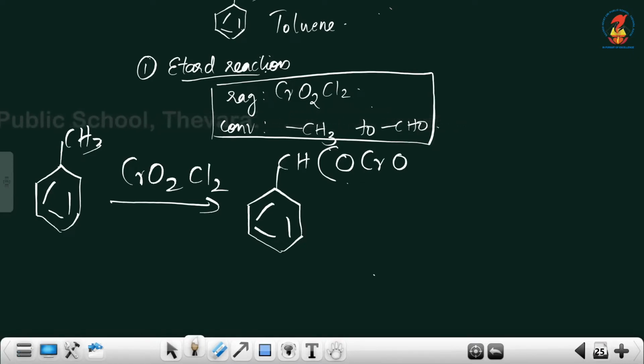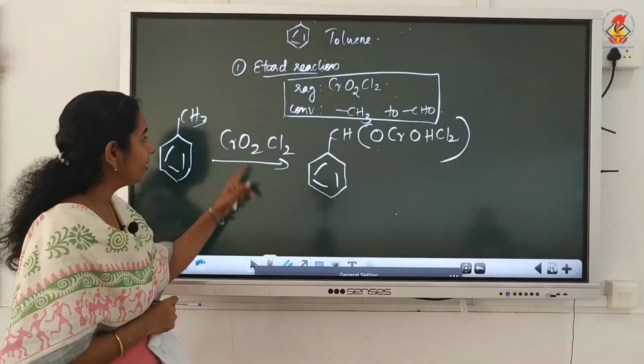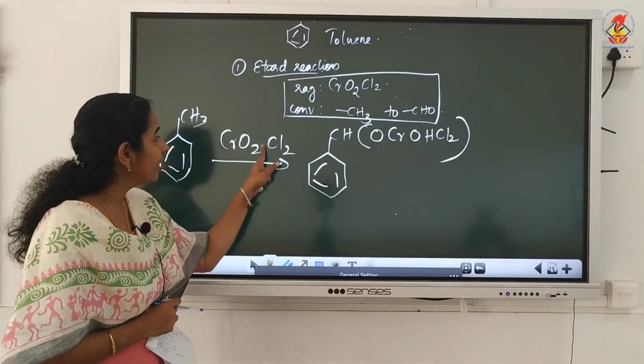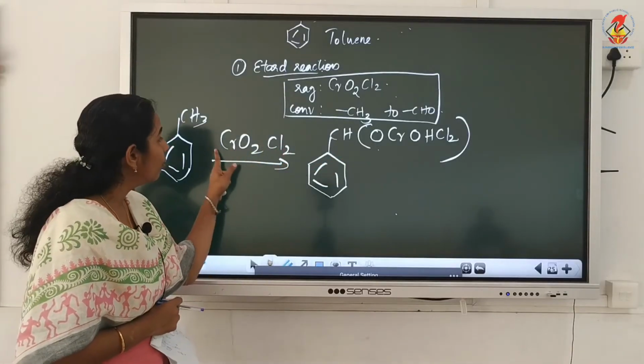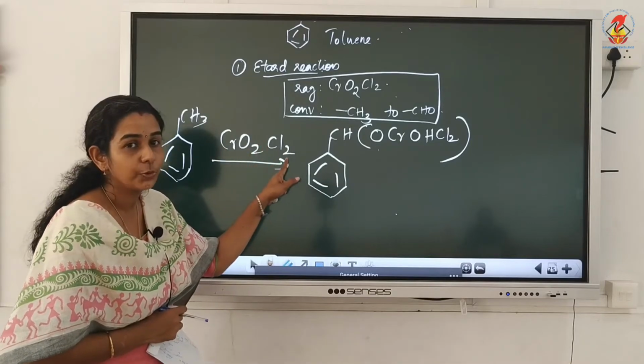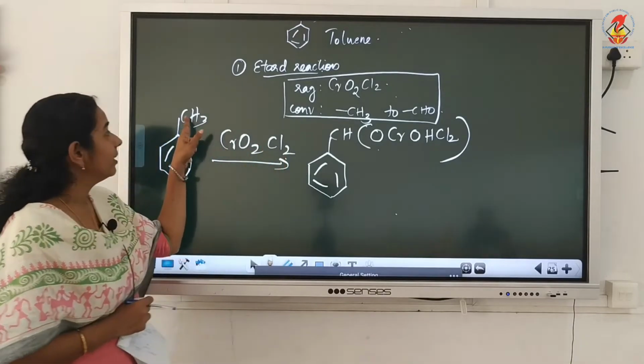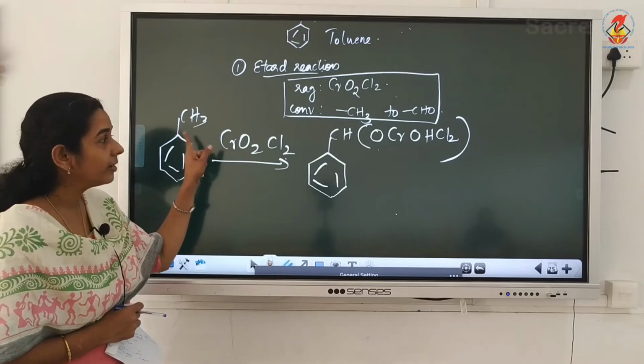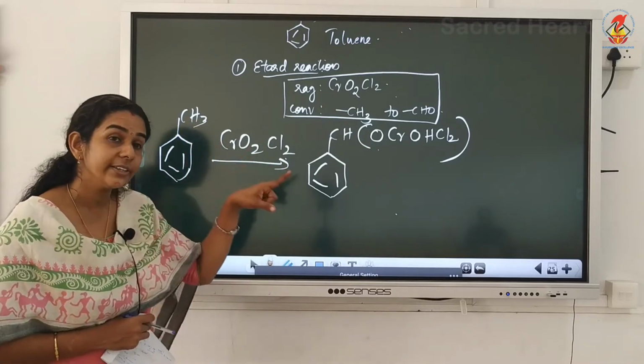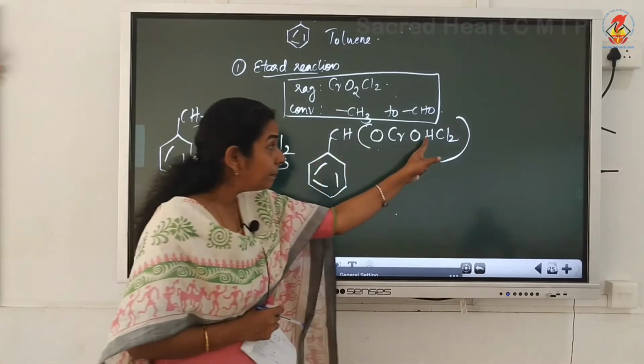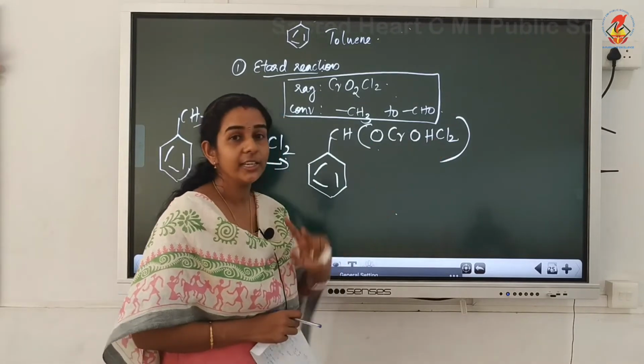Between oxygen and chlorine, we insert the hydrogen. There is no other difference here. We have written CrO2Cl2 as OCrOCl2, and chromyl chloride removes hydrogen from this carbon by inserting between oxygen and chlorine.